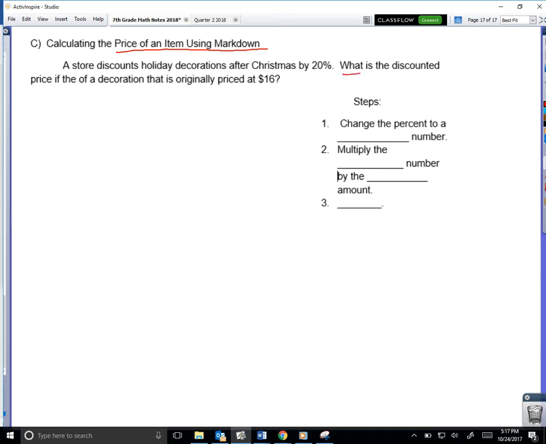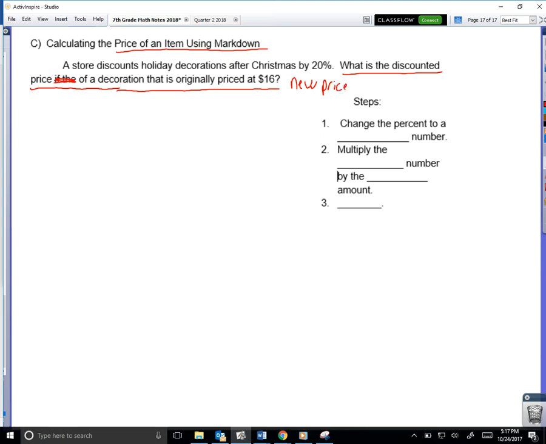What is the discounted price of a decoration that is originally priced at $16? So we want to find out what's the new price after the discount. We're looking for the new price, just like in the last problem.